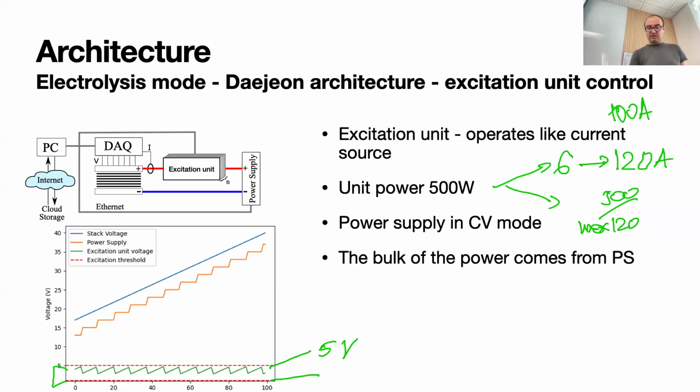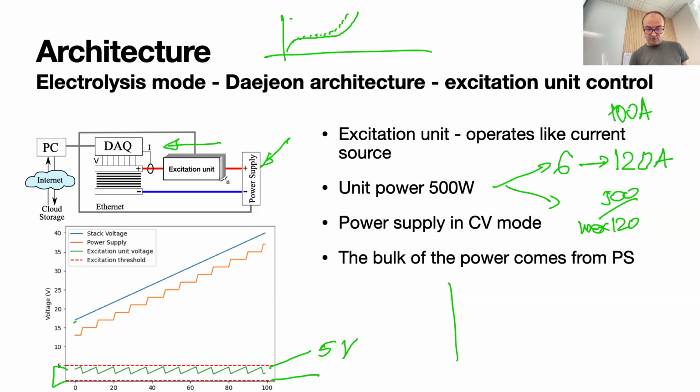We are doing it with using your external power supply. So as we increase the current, because we are controlling everything through current here now, not through voltage, as we increase the current, we are moving your EC unit like this. It's IV curve. We are moving the set point of the EC unit higher and higher on this IV curve.